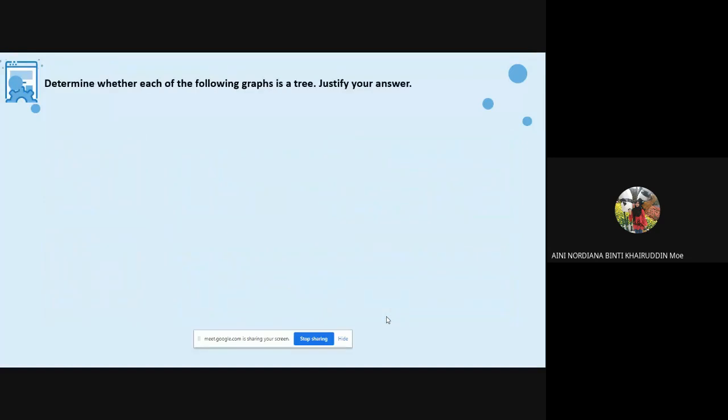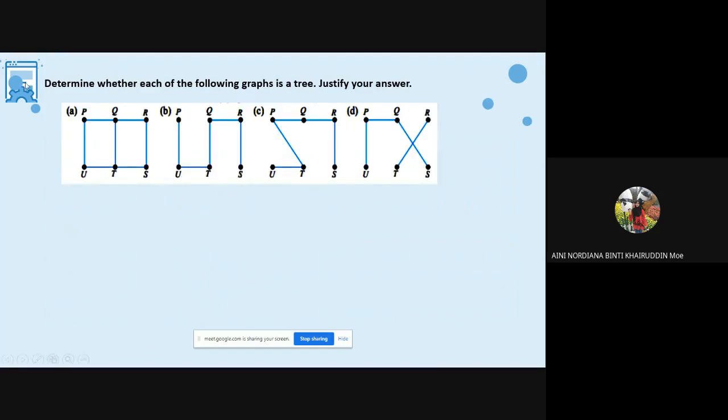Okay, determine whether each of the following graph is a tree, justify your answer. So tengok A ni. Adakah ini tree? No. Why no? Sebab dia bersambung. Betul. Lepas tu you boleh tengok juga vertices, vertex dia ada berapa? 6. Dia punya edges? Ada 1, 2, 3, 4, 5, 6, 7.